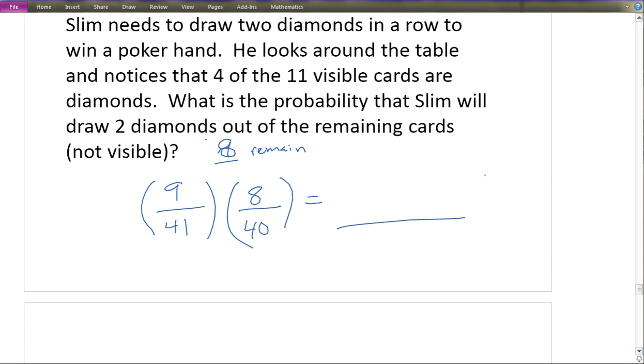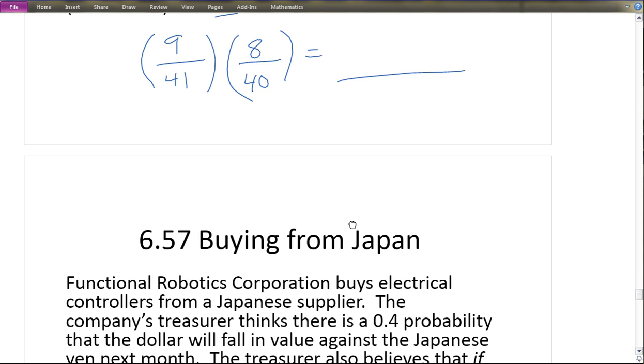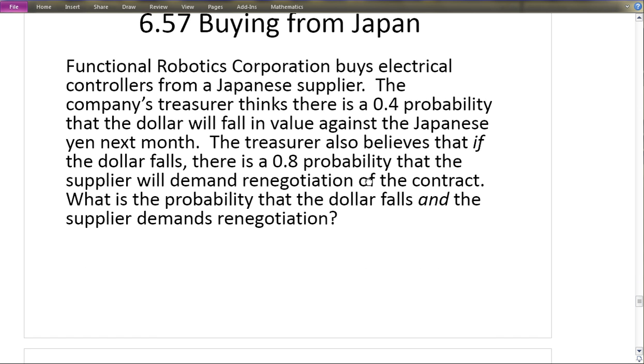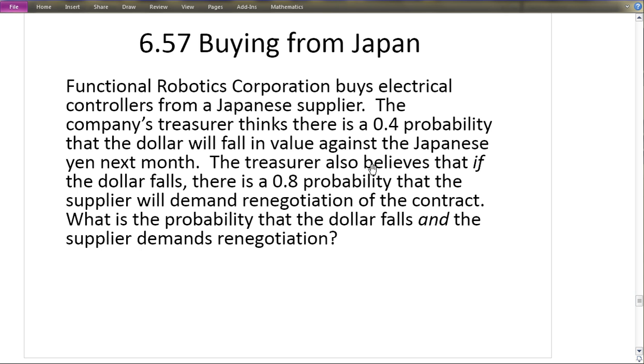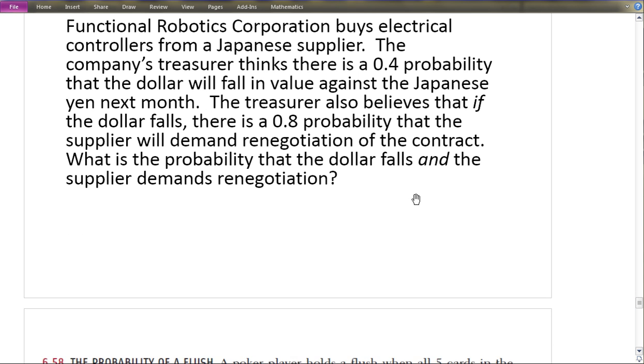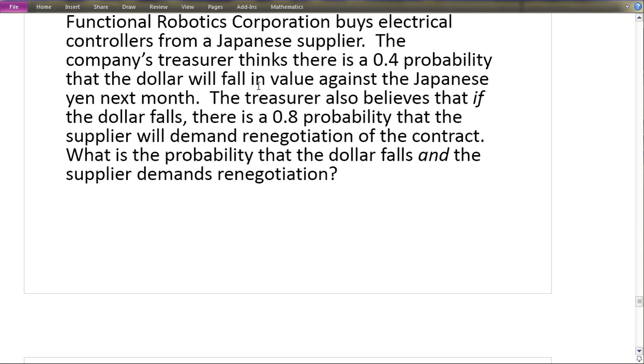It's always, like we said before, the top number is the number of successes or cards we're interested in. The bottom is the total possibilities. Okay, this one is number 57 from your chapter. And it's a good example of one of the ones where you need to understand your conditional probabilities.